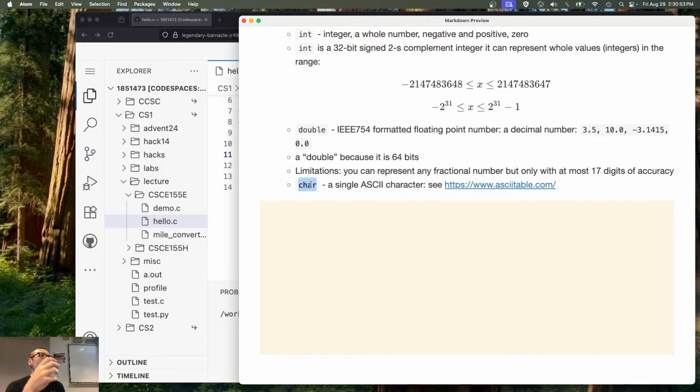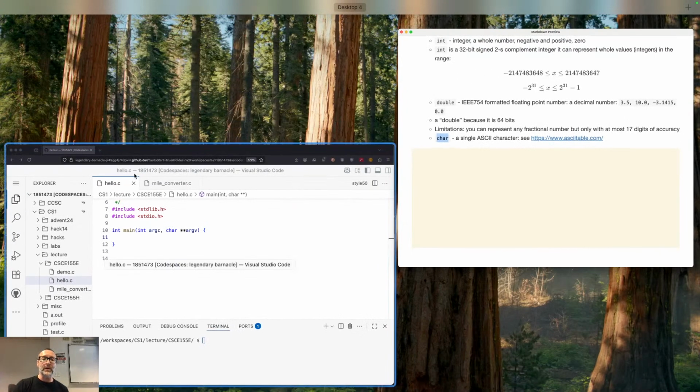Because if you have uppercase A, that has the number 65. If you have a space, that's number 32, right? Because at the end of the day, computers don't understand English. They don't understand A, B, C, D, right? They only understand zeros and ones. And so at the end of the day, everything has to be represented by a number, either a 0 or 1 or a collection of those things, okay?